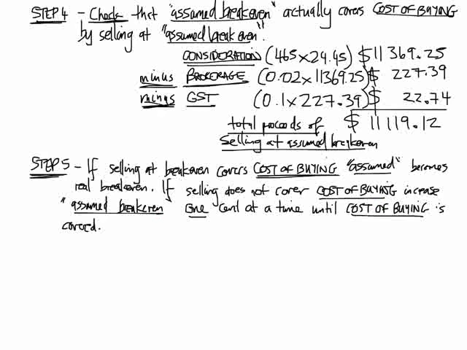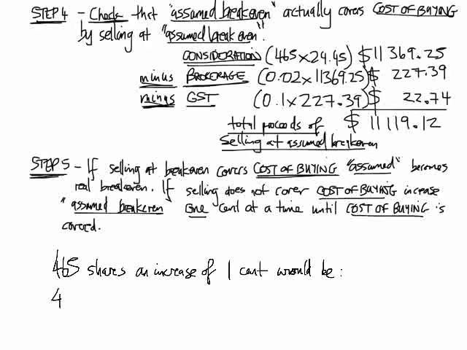Now there is a shortcut to this, and it's the way that the book does it, because you can shortcut around it by understanding that if you have 465 shares, an increase of 1 cent would be 465 times 1 cent, which would be $4.65.